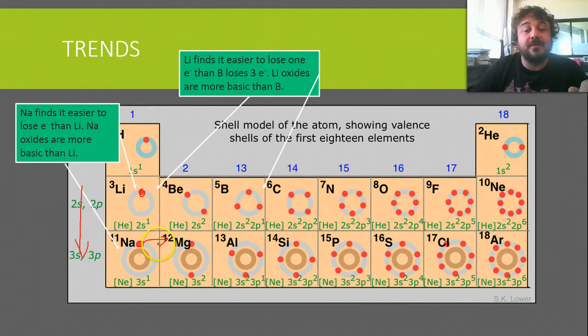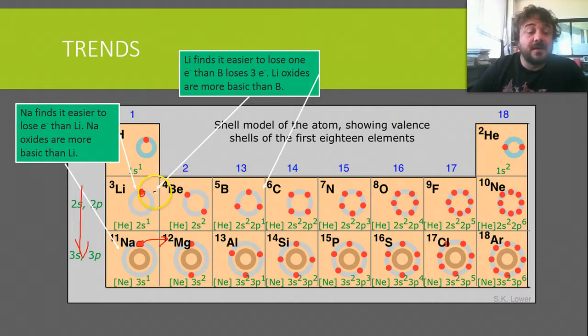All right. Now, if we move across this way, it starts super basic, less basic, amphoteric in the middle here. Remember, we've cut out a bunch of the other ones. Transition metals have all disappeared. Amphoteric around here, and fairly acidic.